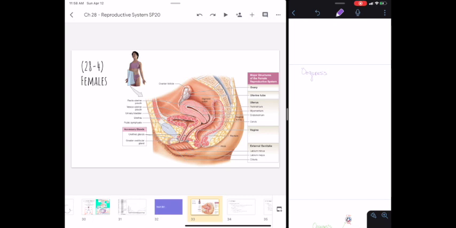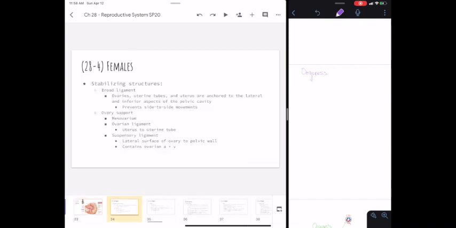We'll talk in detail about the layers of the uterus and some glands and what the inferior view of this looks like. But let's go ahead and continue on with how we actually hold all this stuff in place. So stabilizing structures, we've got the broad ligament. The broad ligament is covering pretty much everything and strapping it inferiorly and laterally.